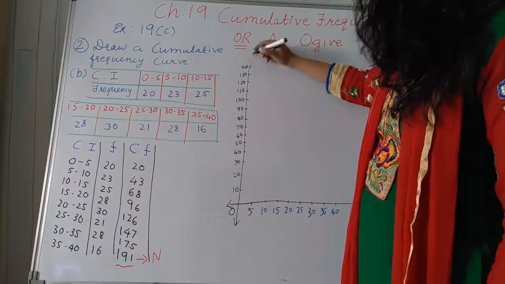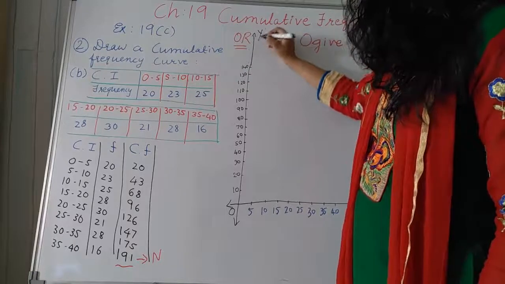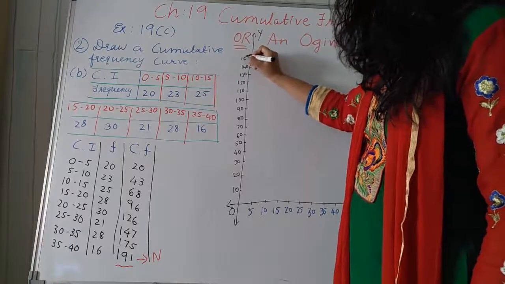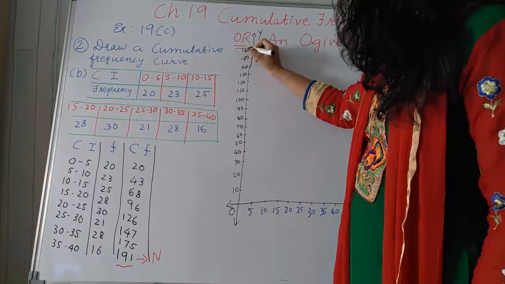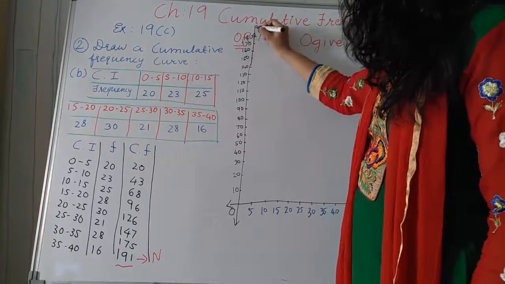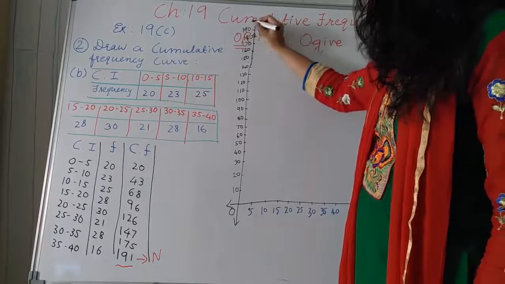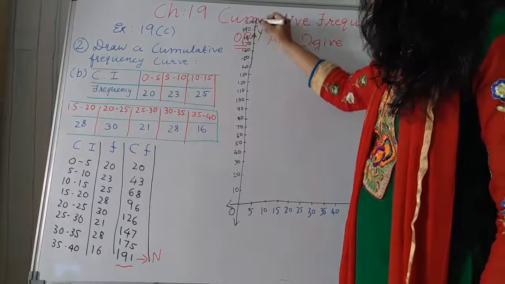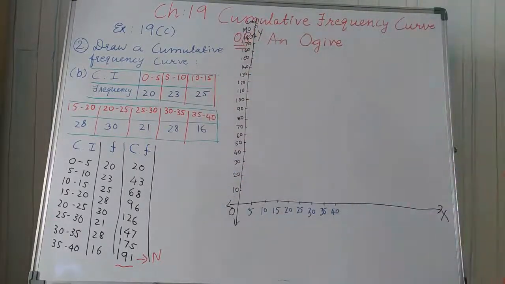Taking more line, extending my line here. So 150, 160, 170, 180 and 190. It will be here 190 and 200. Correct? Because we need up to 191. So I have taken up to 200.